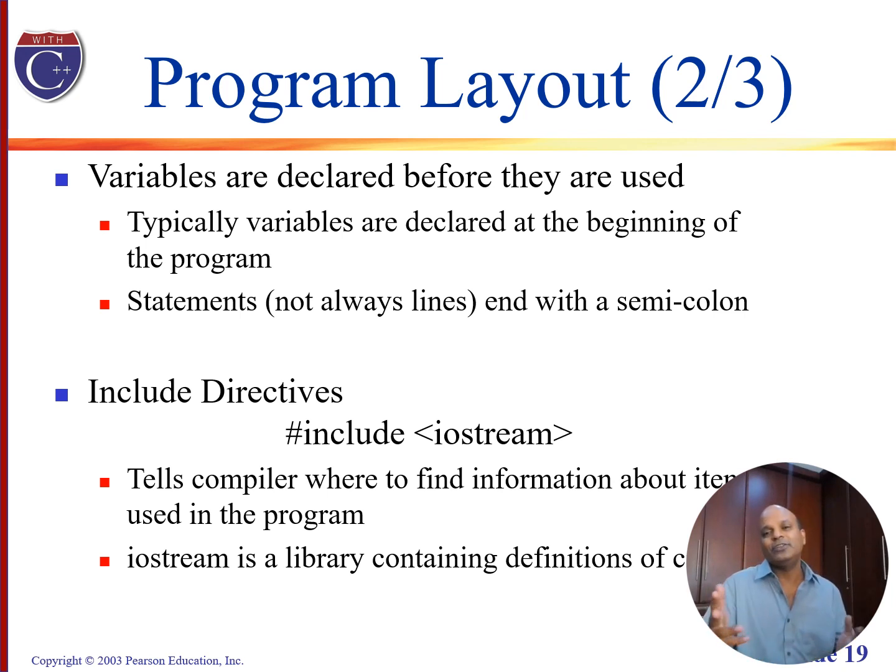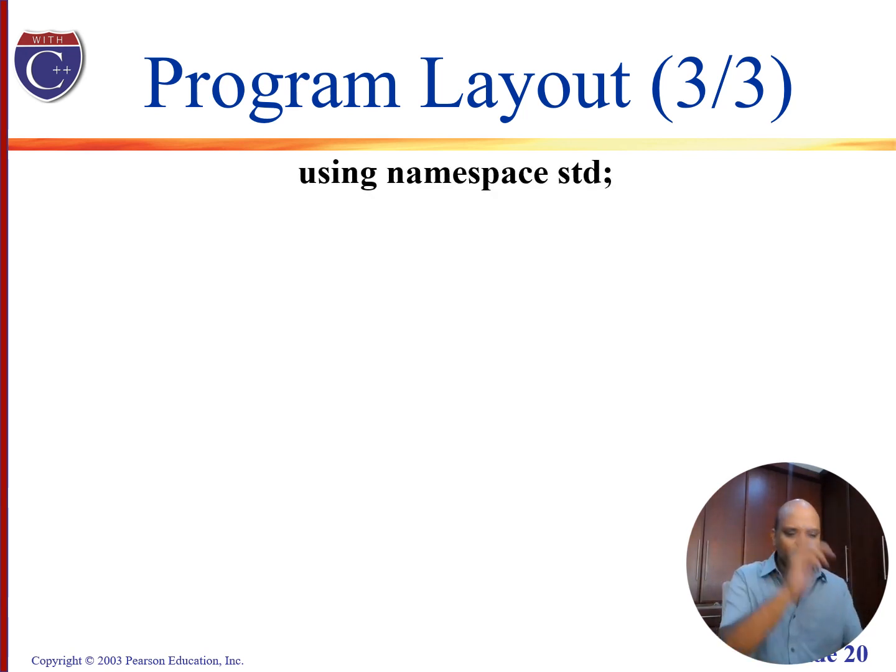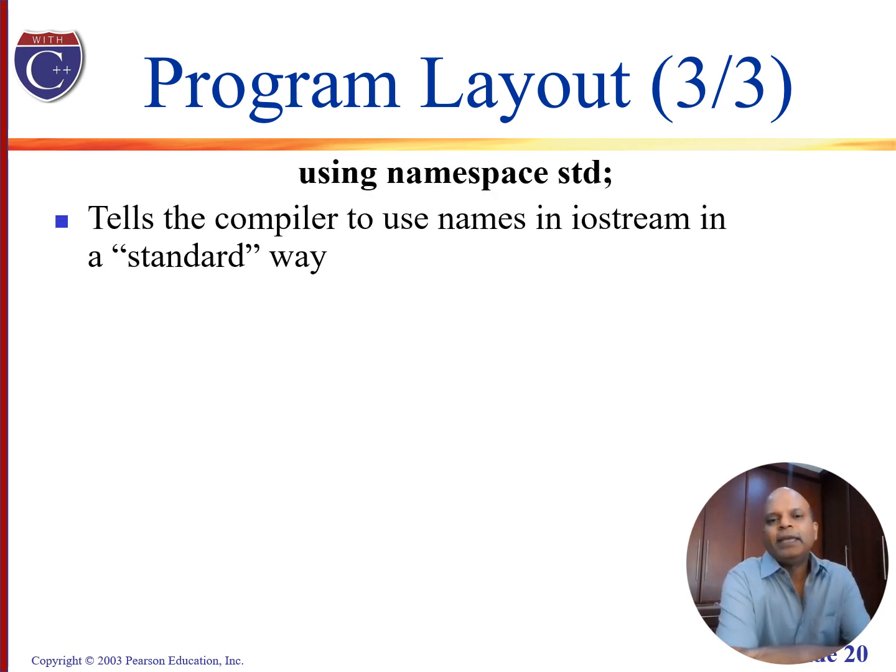I'm basically telling the computer, please go to this library and look for what cout means, right? So that's what the library is all about. We'll talk about that. Here we go, using namespace. It tells the compiler to use the names in the iostream in a standard way. That's what std basically stands for as well. Okay.